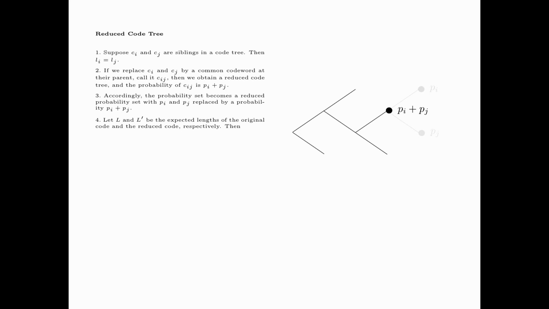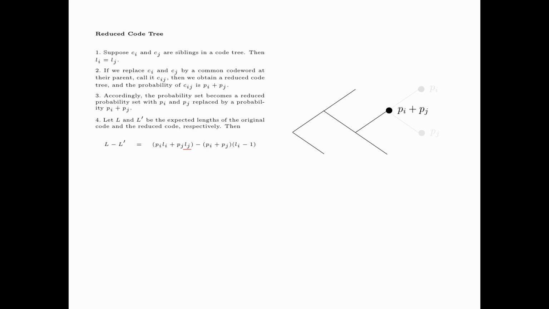Let L and L' be the expected lengths of the original code and the reduced code respectively. Then L - L' = p_i l_i + p_j l_j - (p_i + p_j)(l_i - 1).